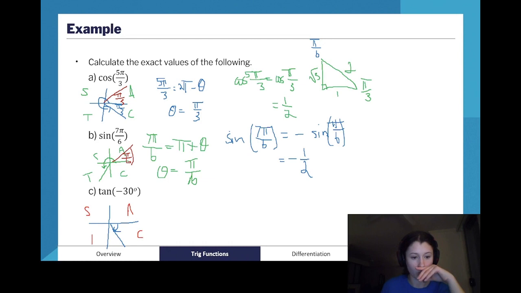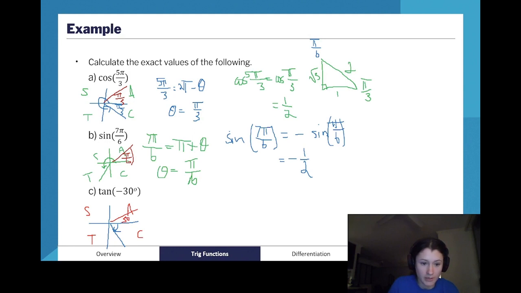In that quadrant, tan is going to be negative because it's in the C quadrant, which means that our equivalent angle, 30 degrees up here, which is symmetrical, is going to be the negative. So tan of negative 30 is going to be the negative of tan 30.